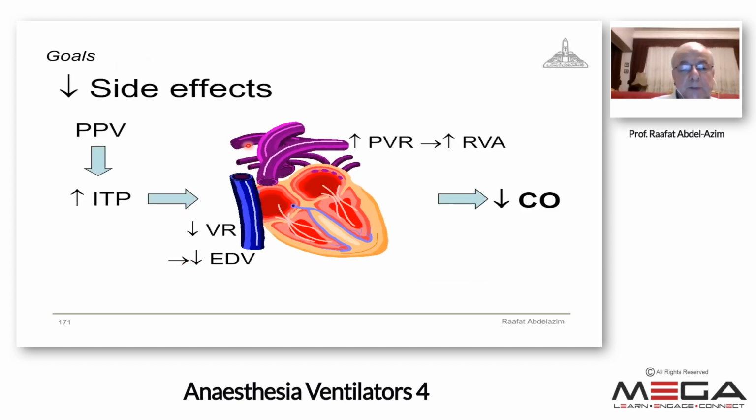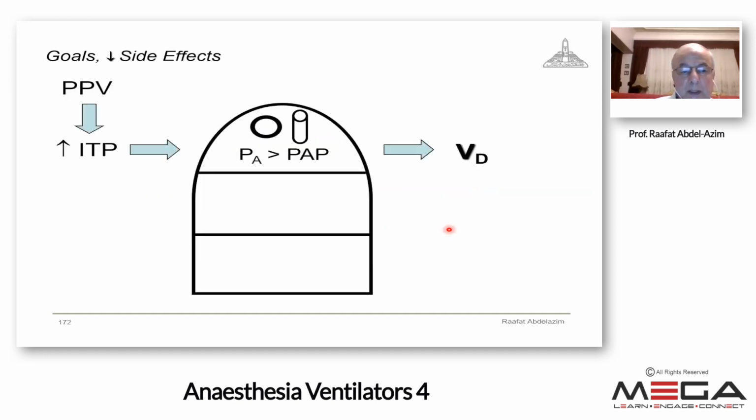The side effects that we should consider and try to avoid are those related to positive pressure ventilation. High intrathoracic pressure will compress the veins and increase the pressure inside the chest, so the venous return will decrease and will lead to a reduction in the diastolic volume and a reduction in cardiac output. Also, high positive pressure ventilation will increase the pulmonary vascular resistance and decrease cardiac output.